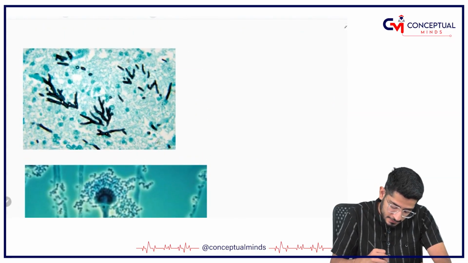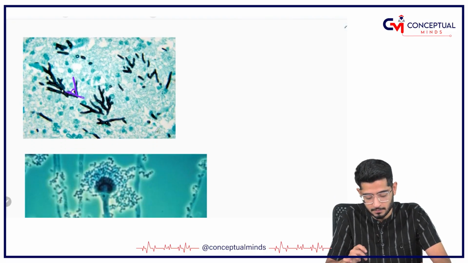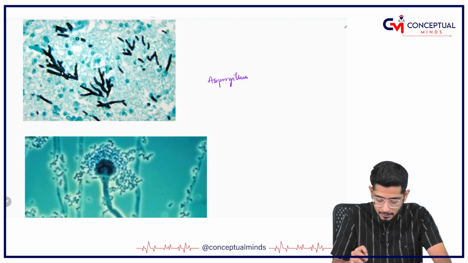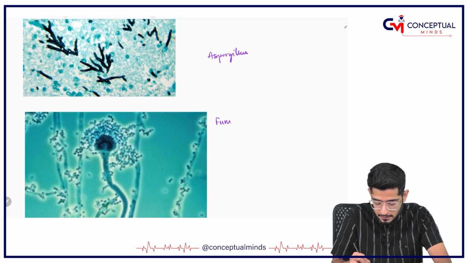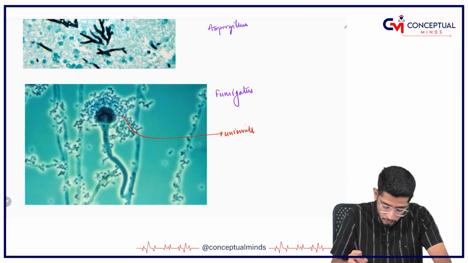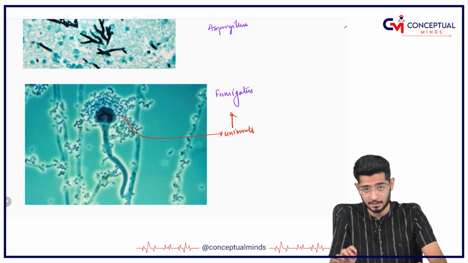First of all, it is dichotomously branched at an angle of 45 degrees, so it is Aspergillus. Because it is forming green colonies, this is fumigatus. It is uniserate, only one layer is there. And can you see there is nothing here? That means it is not full. So this is fumigatus.